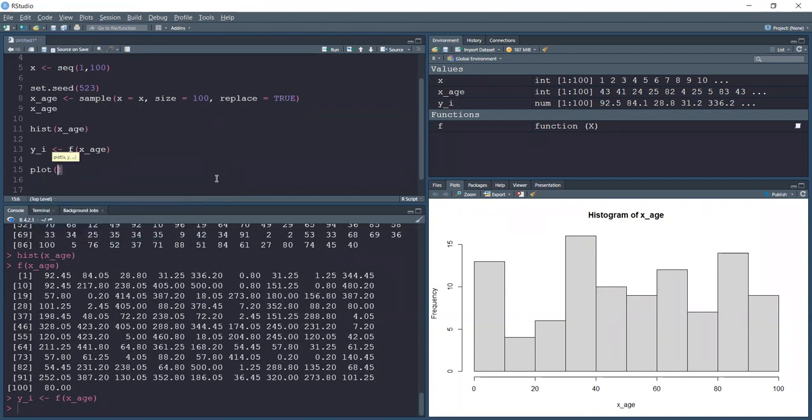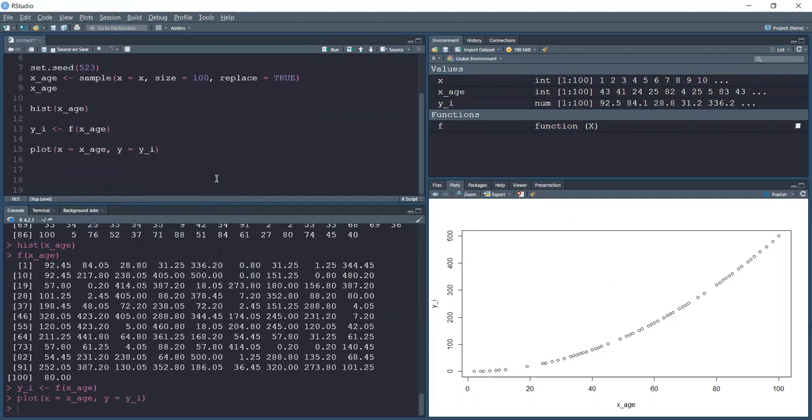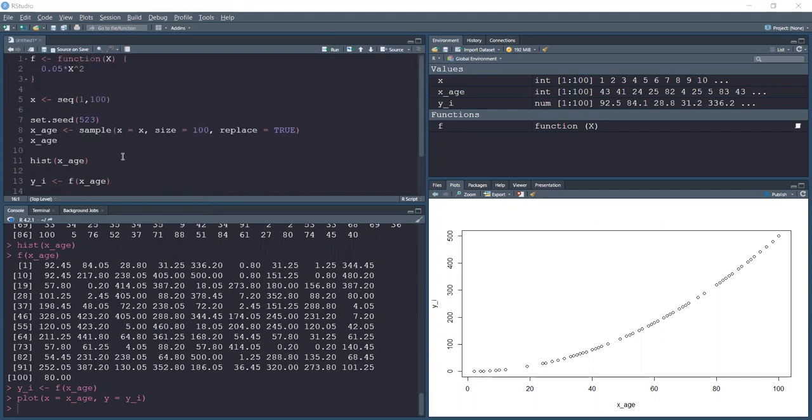Plot x age, comma, and now it's asking me for the verticals, so yi. So this is our plot. You should have expected a quadratic. It's the function I took over here. We can change it if you like, but let's stick to this for a second.